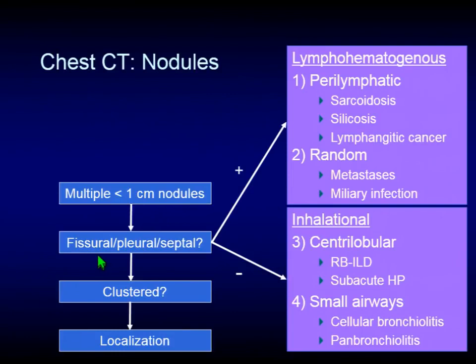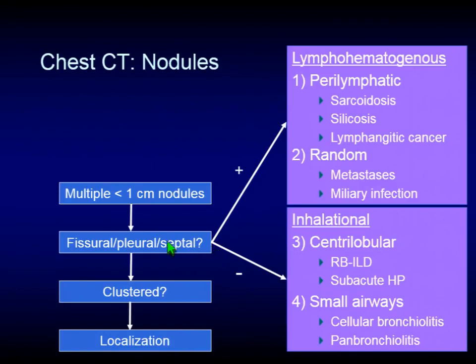If we see most of these nodules congregating in areas that contain lymphatics and pleura, the fissures, the septa, and the pleura, as well as the peribronchovascular lymphatics, then we're really dealing with a lymphohematogenous process. This could be isolated to just a perilymphatic process, such as sarcoidosis, silicosis, or lymphangitic carcinomatosis, or it may be a random pattern, meaning that, for instance, METs and miliary infection are seeding those lymphatic structures, but they're also going elsewhere within the lung.